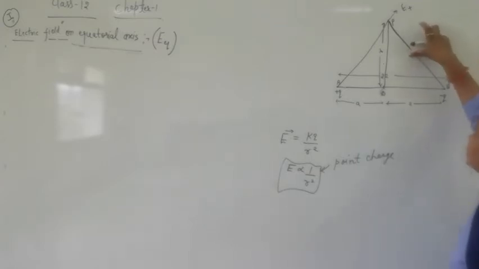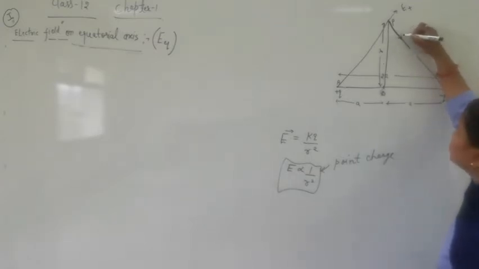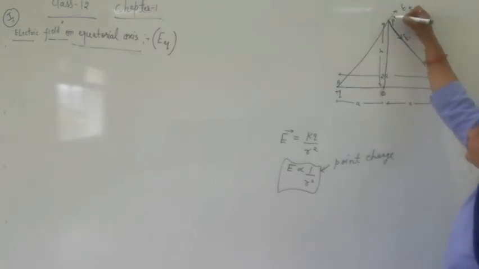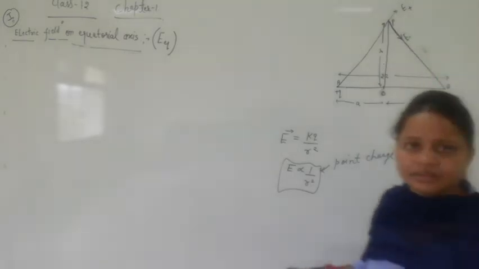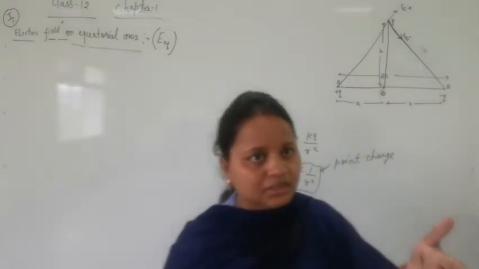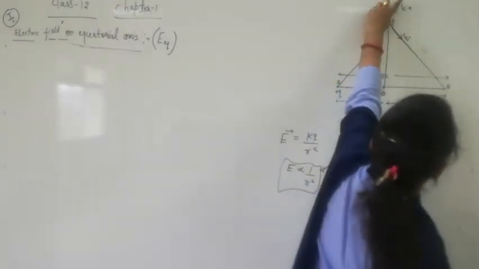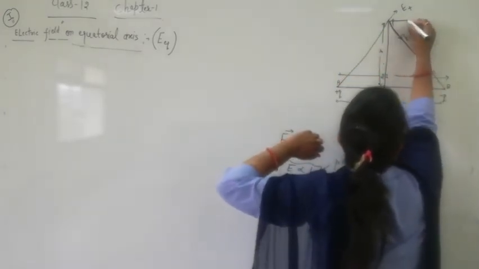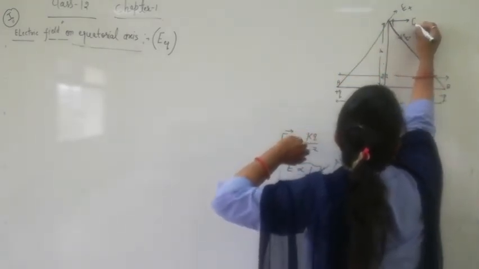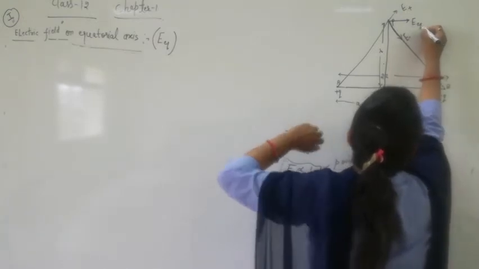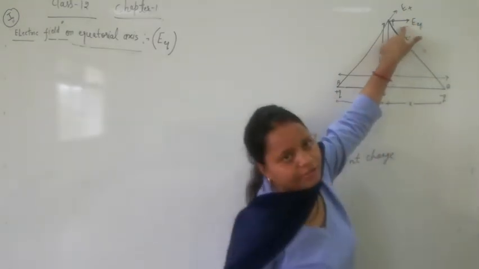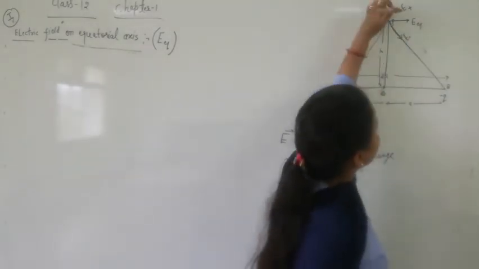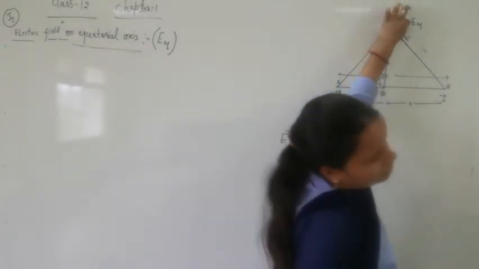Here two electric fields E plus and E minus are arranged at a particular angle, even at a 90-degree angle, and the resultant lies between them. The equatorial electric field resultant lies here between the two vectors.